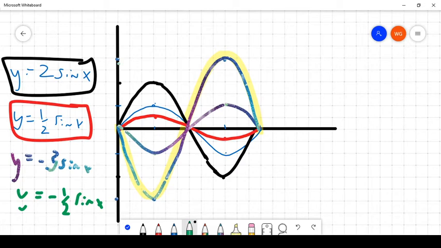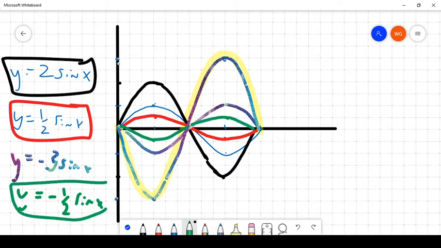So we reflect it and we proceed to cut the amplitude in half, and what we get is that green graph. Okay, so that is an example of how we can do vertical stretches and compressions simply by manipulating the a value of the function.